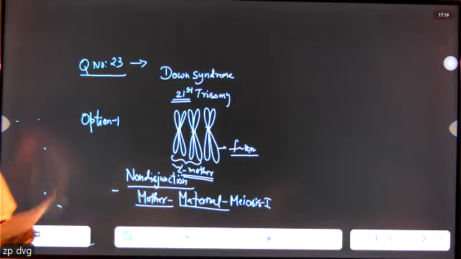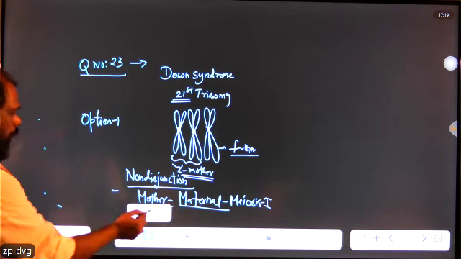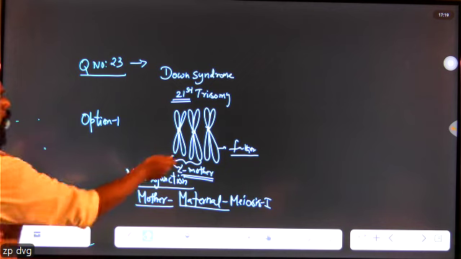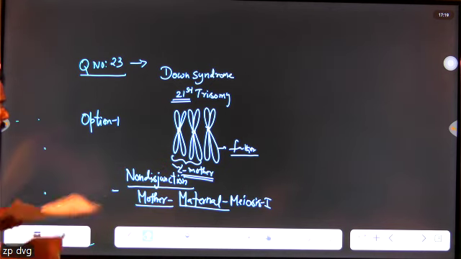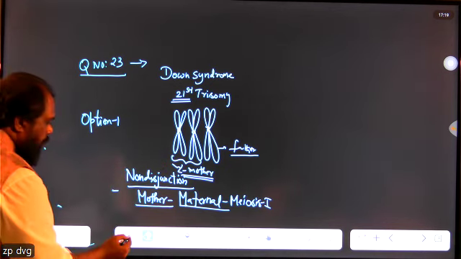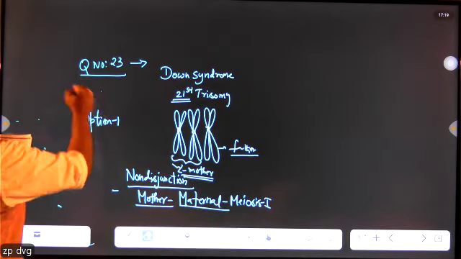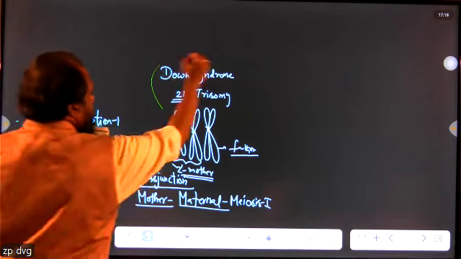Maternal meiosis 1 is the correct option. This is question number 23. Simple. To confuse, they have given a long statement, but clearly the keyword here is 3 copies. 2 of the chromosomes of the child contain the same allele as the mother's allele. That means 2 chromosomes are the same as the mother's. Therefore, non-disjunction happened during maternal meiosis 1. That means it happens during oogenesis.